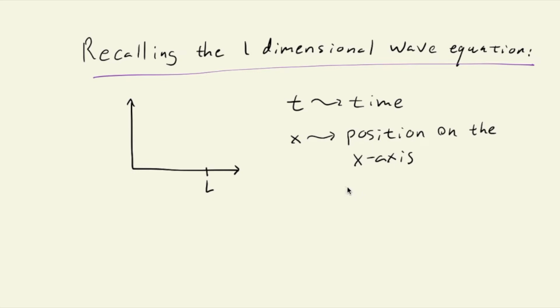At every time, if you fix the time and look at what the string looks like, we could draw the string. Let's talk about a string that's fastened at the endpoints. The string we model by the graph of a function of this variable x, but at every point in time you're going to see a different graph. So we model this problem by a function u(t,x).